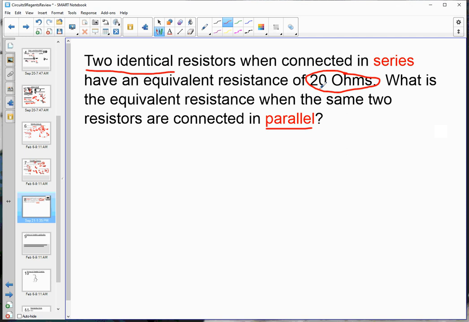All right, well, the first thing we can do, if we have two identical resistors and they're in series, that means that each resistor has a resistance of 10 ohms. So now what would happen if you took the same two 10 ohm resistors and put them in parallel? That would look like this. Resistor and resistor, two 10 ohms.